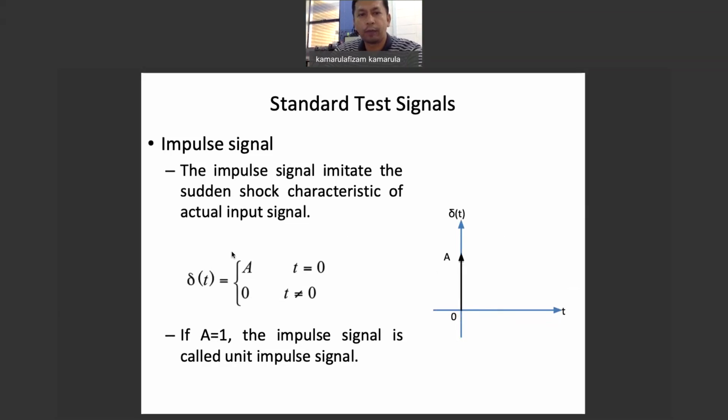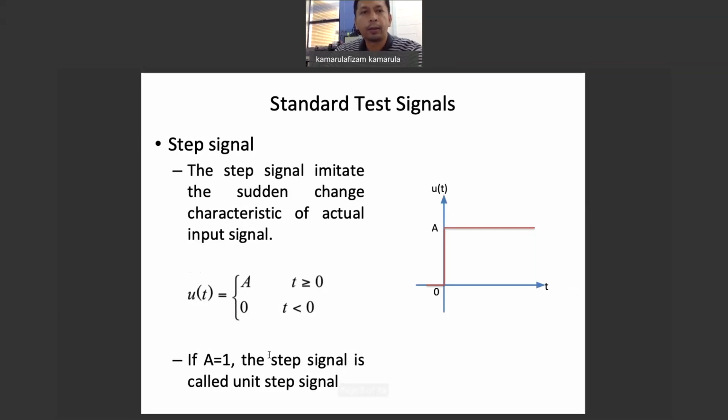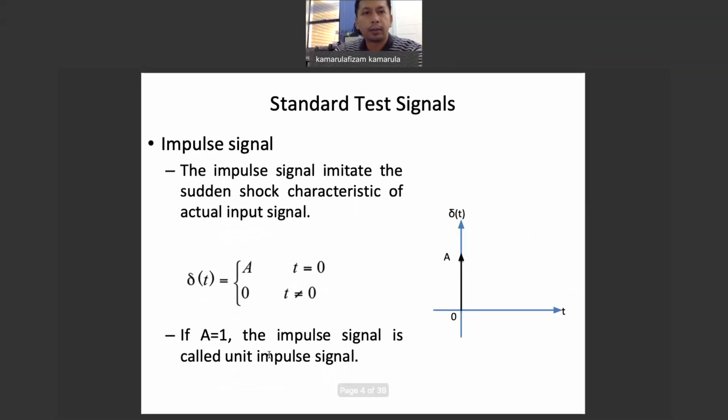From this definition we have only one pulse when t equal to 0, and in the remaining signal there is nothing. If A, the amplitude of the pulse, is equal to 1, we call that the unit impulse signal. That's the impulse.